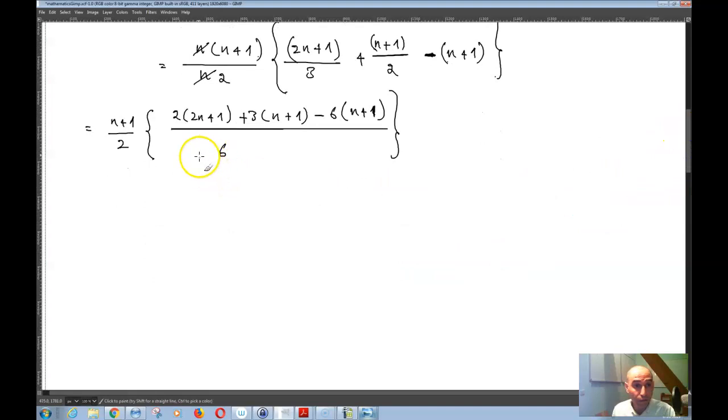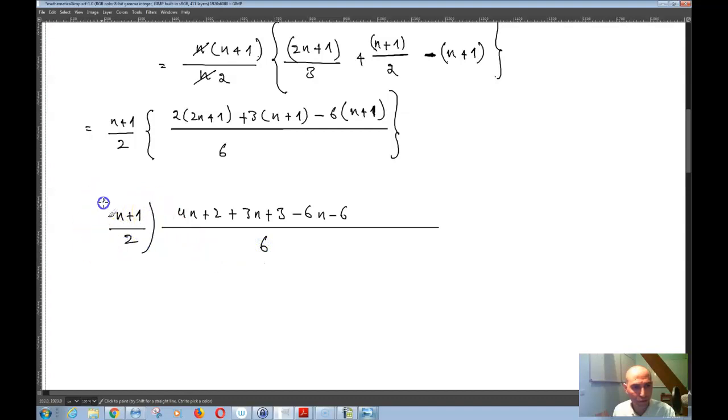So the numerator here becomes 4n plus 2 plus 3n plus 3 minus 6n minus 6 divided by 6, and over here you have n plus 1 divided by 2.